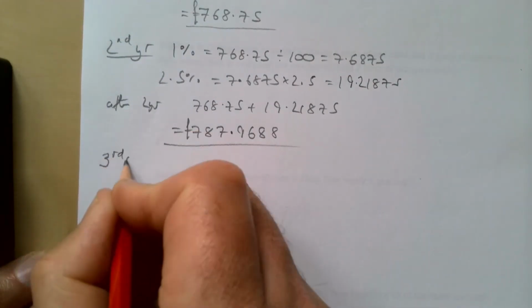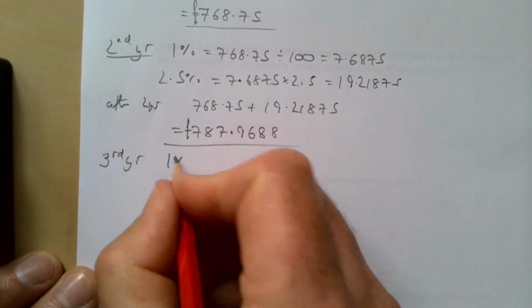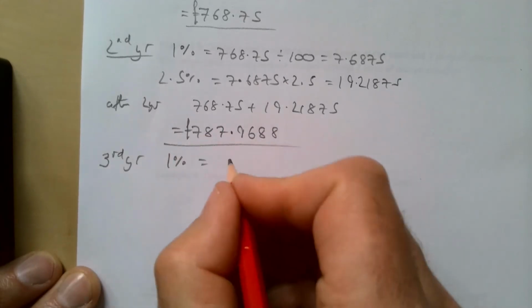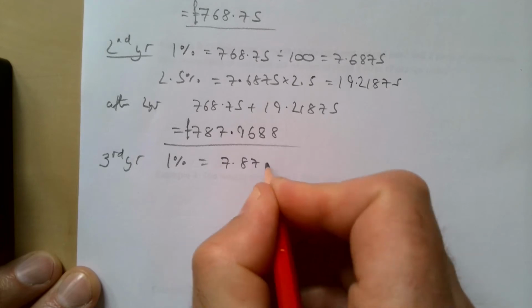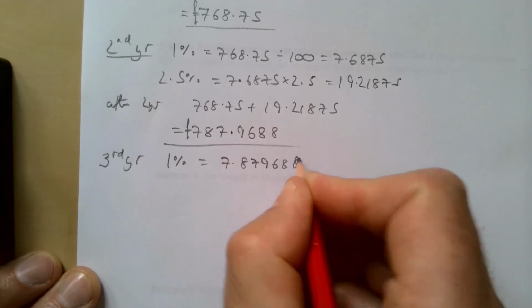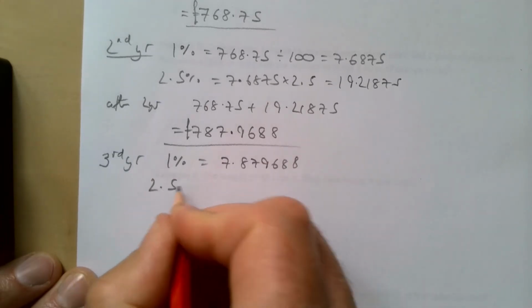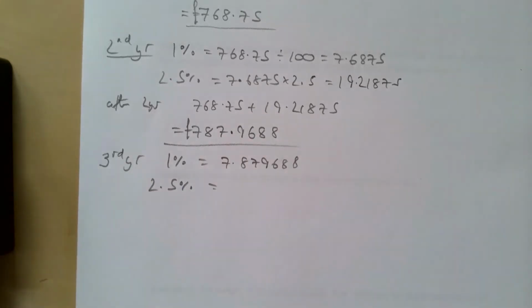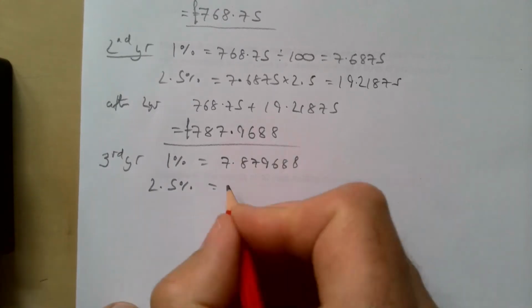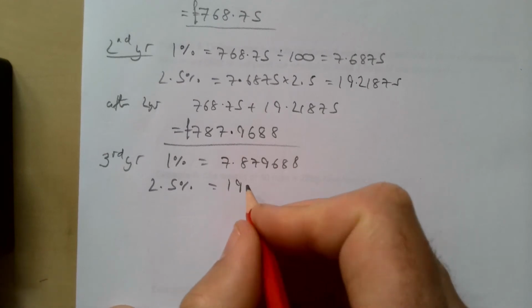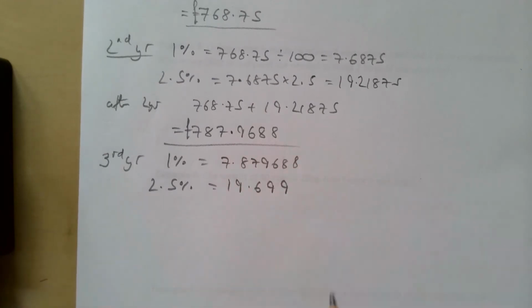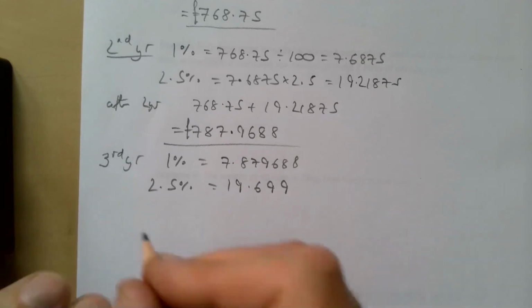So the third year, 1%. We're dividing this by 100, so you get 7.879688. 2.5% gives me 19.699. Let's do a couple of decimal places. We're going to add that on.